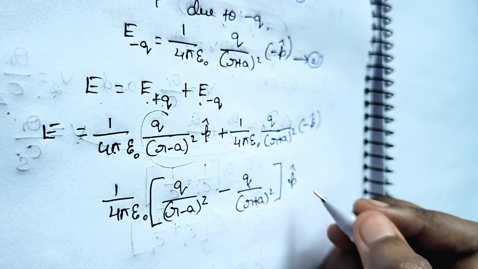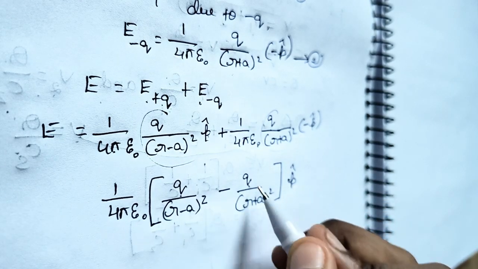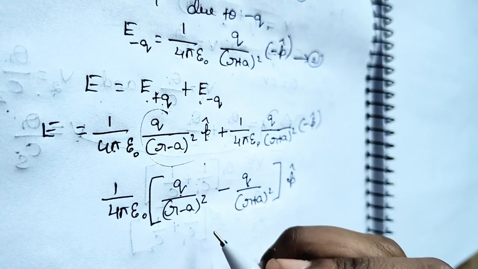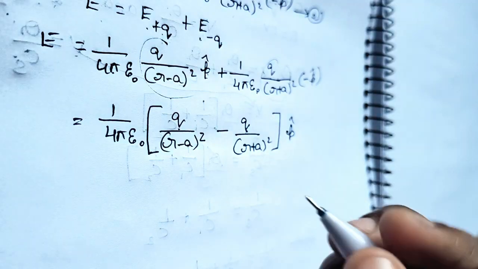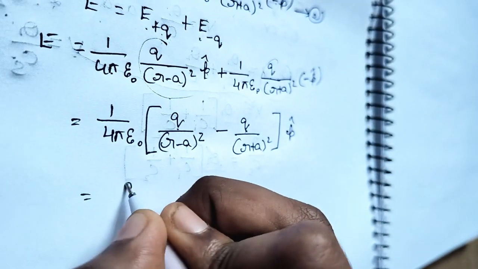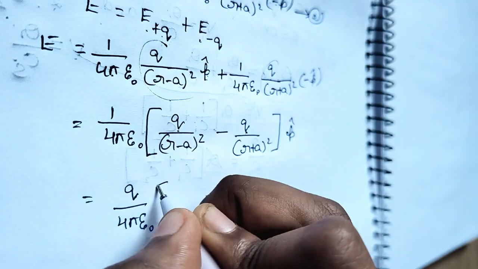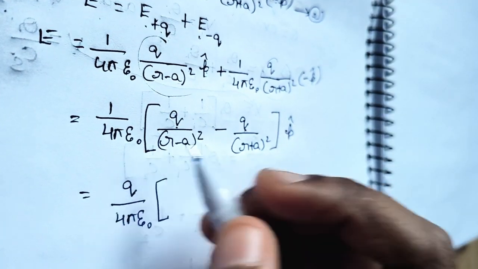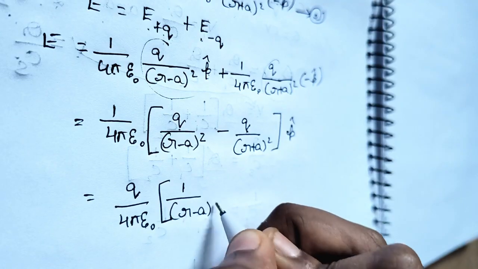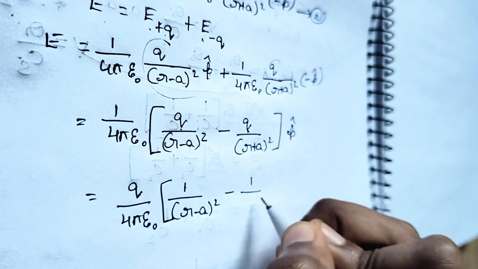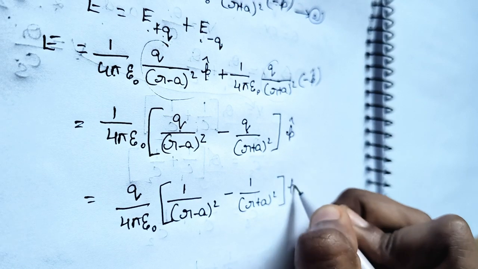Next we can again take q outside because q is common here. So I'll write the next expression as q by 4 pi epsilon naught into, here I took q outside, so remaining is 1 by r minus a whole square minus 1 by r plus a whole square into p cap.